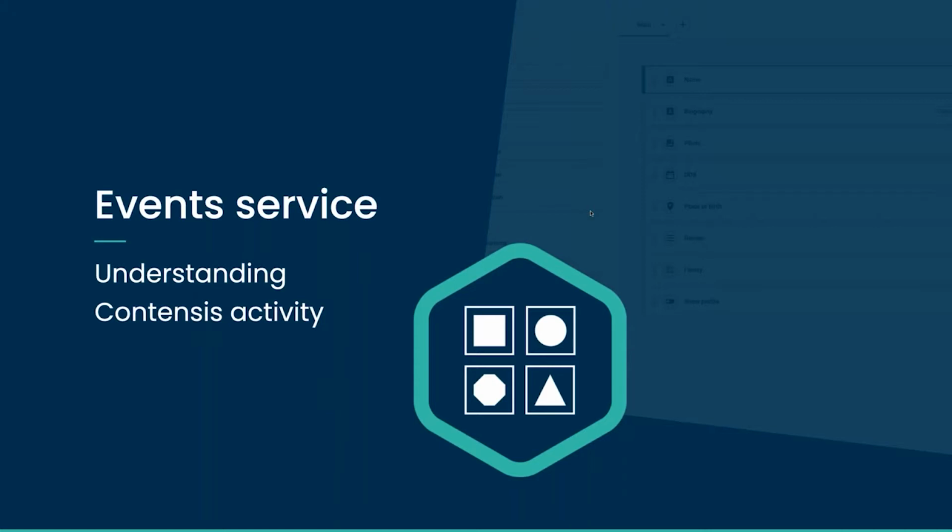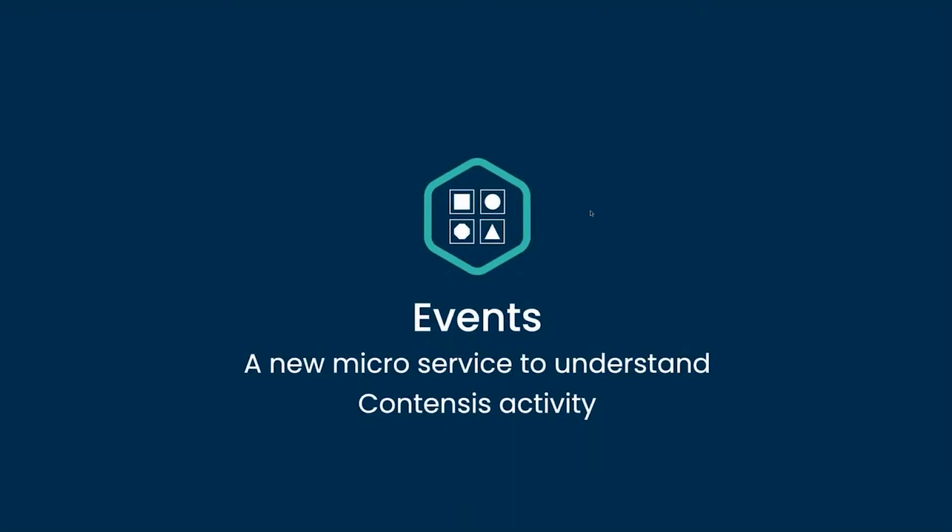Behind the scenes now, we've got this new event service that allows us to understand activity going on in Contensis. This service exists simply to understand all the different ins and outs going on in the product. It's all based on the RabbitMQ messaging service.